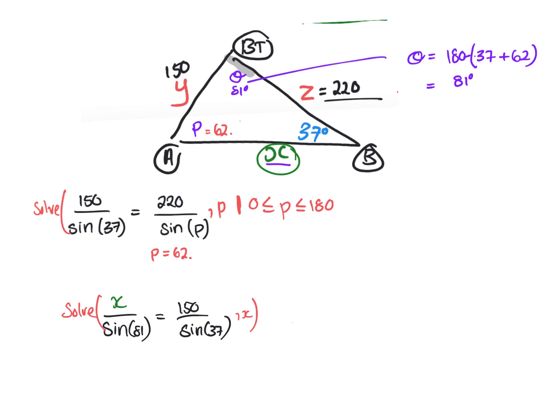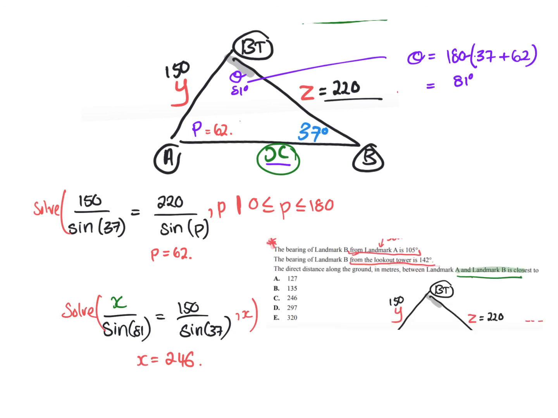So you work that in, and hopefully what we get is X equals 246. And if I go back, okay, we find the answer, and we got it to be C, 246, just to show you there.